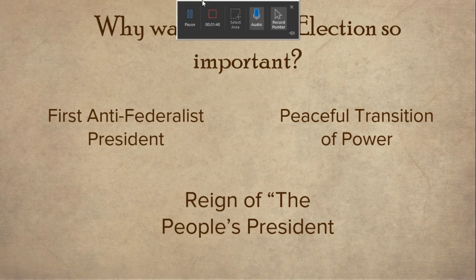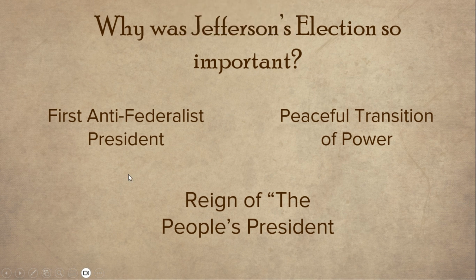First is very simple. He's the first anti-federalist president, after a streak of the first two presidents being Federalist presidents. We have the first president who is supposed to represent the states and the people rather than the central government body. And it was the first peaceful transition of power between the two-party system, with someone from the opposite party stepping into the presidential role.